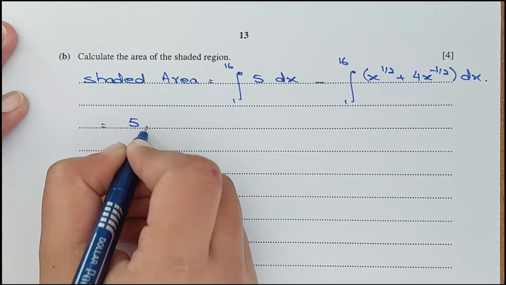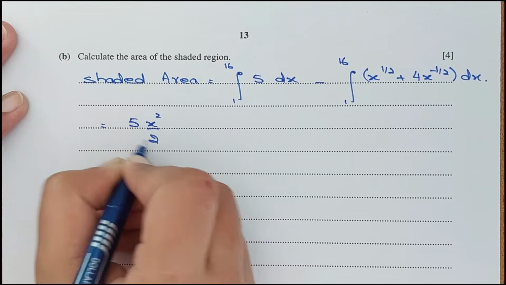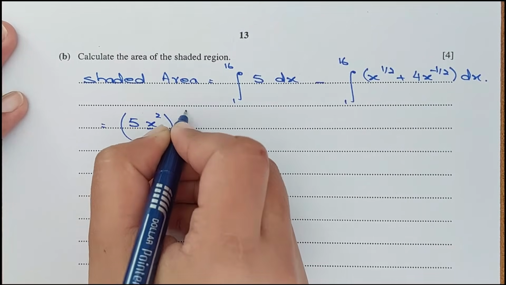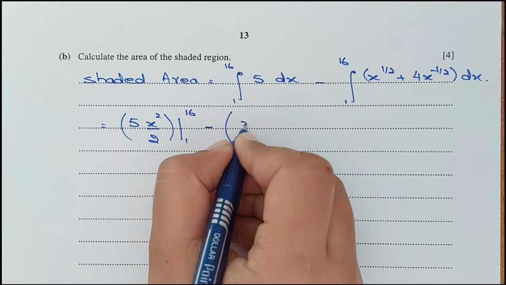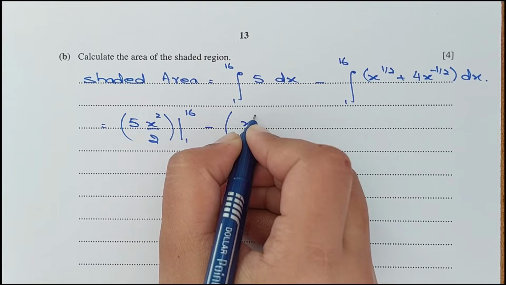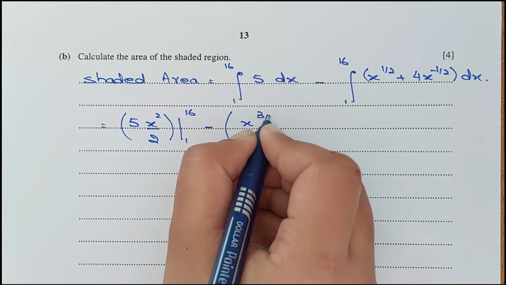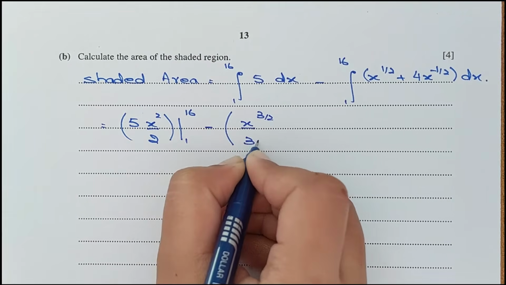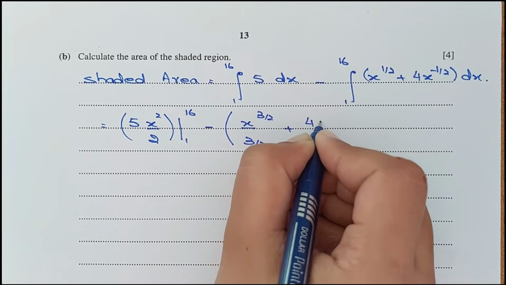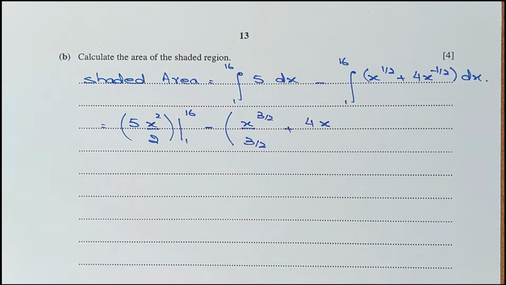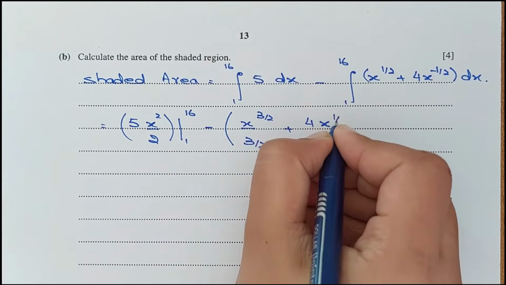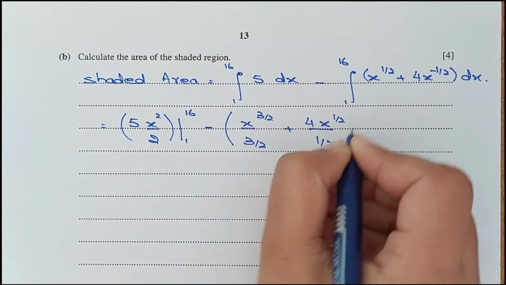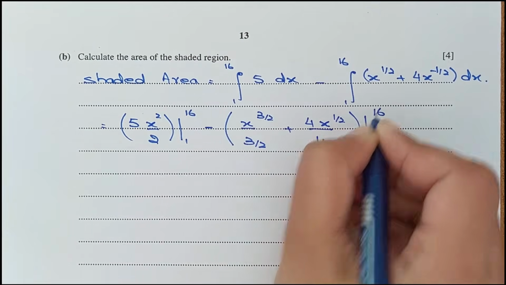The integration of 5 is 5x square over 2, with limits 1 to 16, minus the integration, which is x power n plus 1. 1 by 2 plus 1 is 3 by 2 over 3 by 2, plus 4 x power minus 1 by 2 plus 1 is 1 by 2, over 1 by 2, 1 to 16, right?